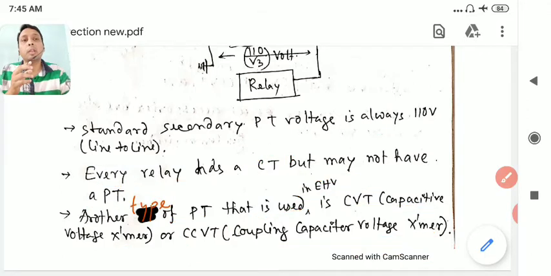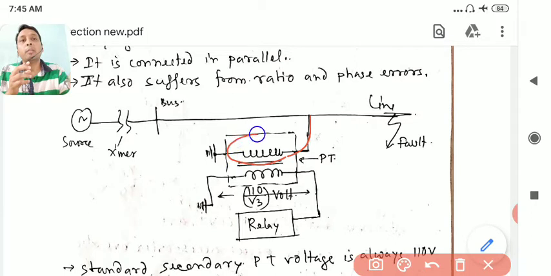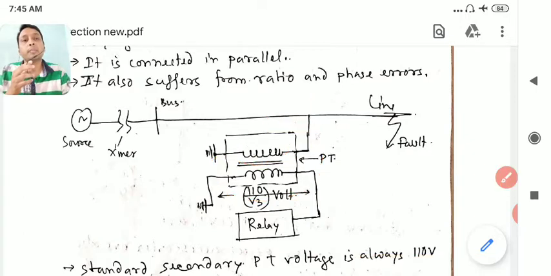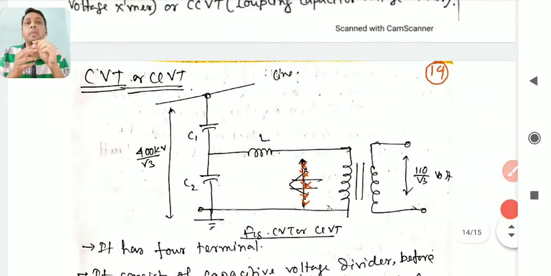Because in extra high voltage, construction of this winding will require more insulation, so it is more problematic and less economic, and cost will be very high. So for extra high voltage, it's better to go for CVT or CCVT. And there is one more advantage, because we can have communication also in CVT.